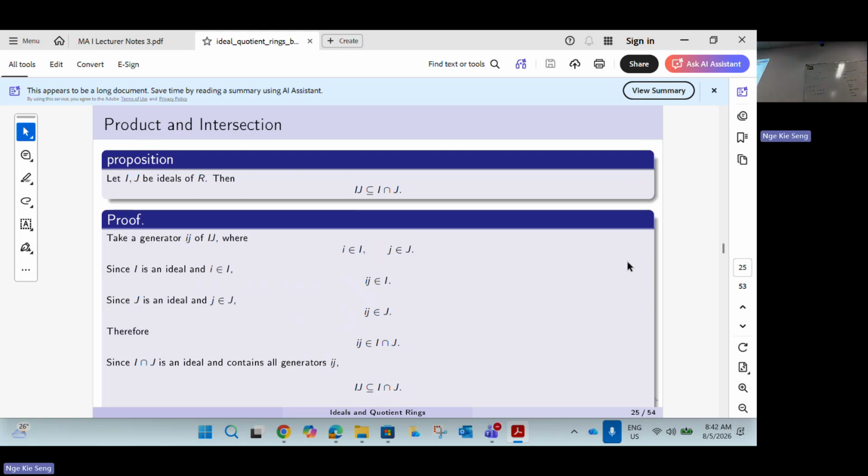Otherwise it won't be a product, you just get the usual product set.